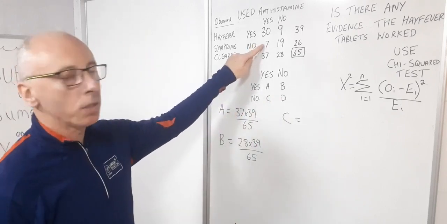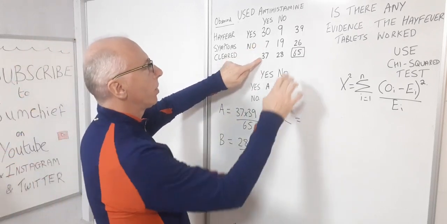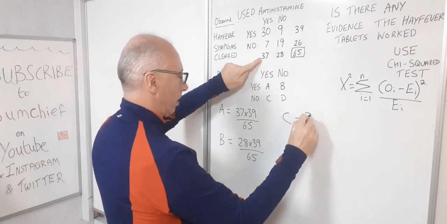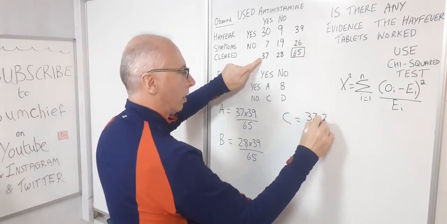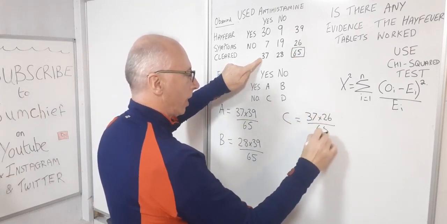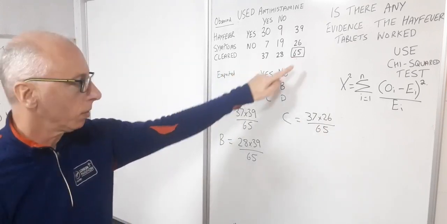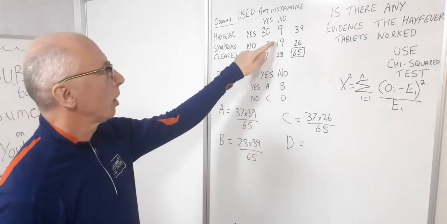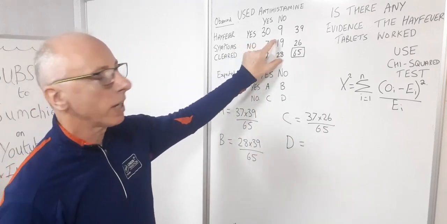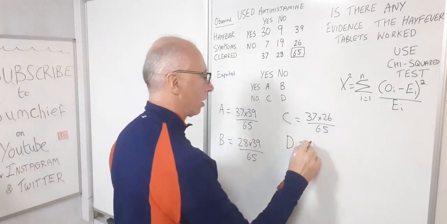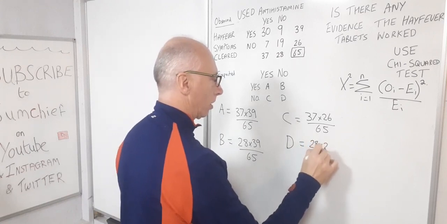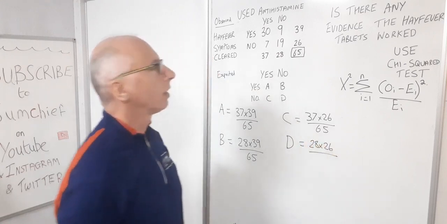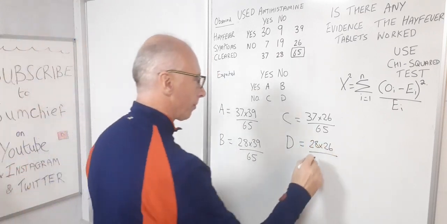C is now going to be this one, so that's going to give us 37 times 26, and again, divided by our 65, which is our total. And now the final one, D, that's going to be this one. So now we're going to have 28 times 26, and we're going to divide that by our 65.